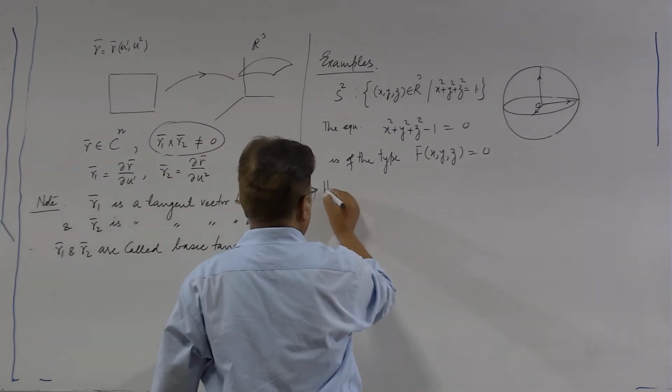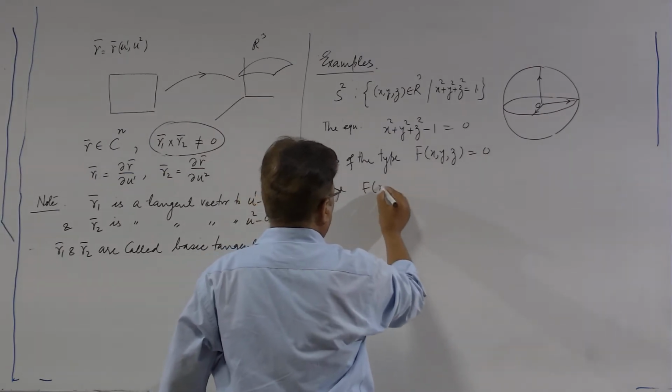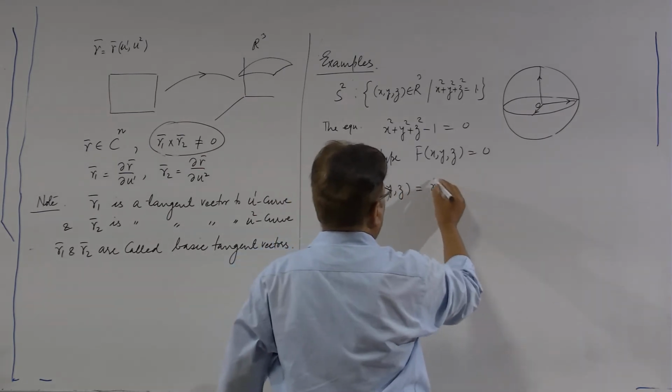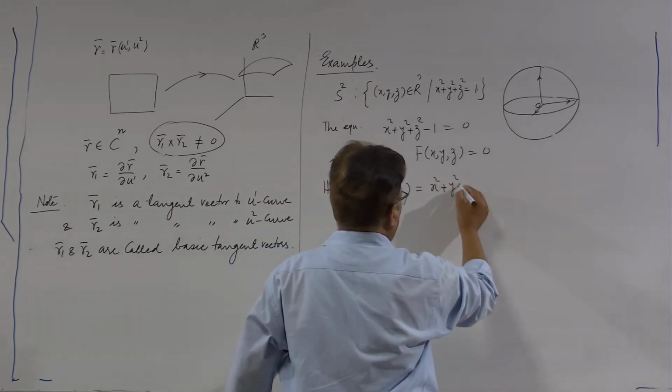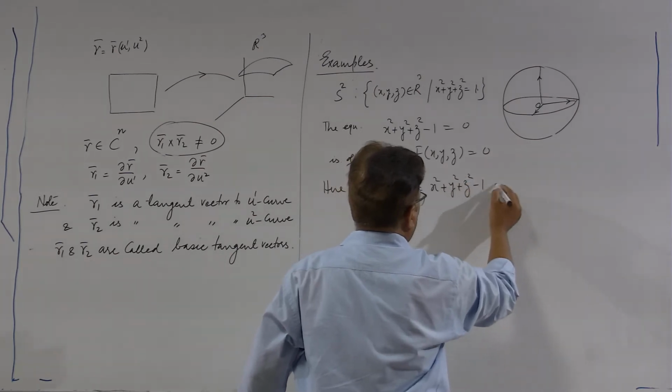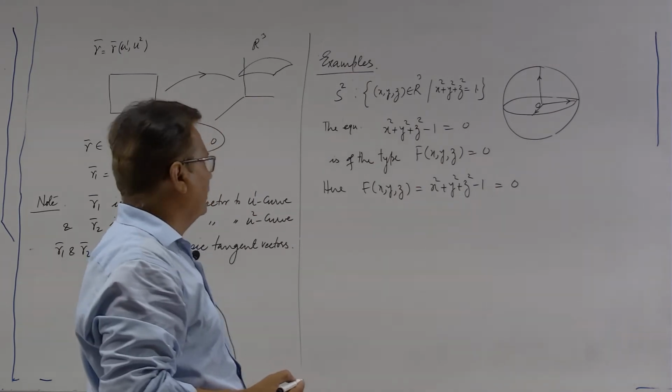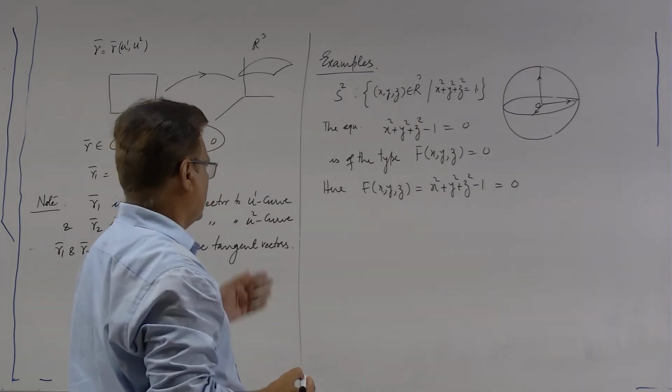Here f(x, y, z), the function of 3 variables, is x square plus y square plus z square minus 1, which is 0. So, this you can say is the implicit equation of the surface, which is a sphere.